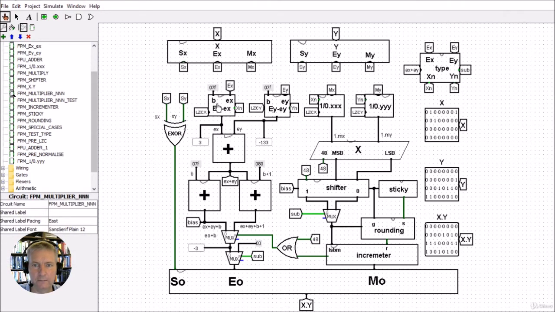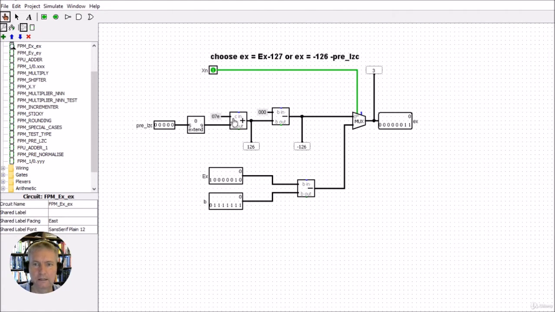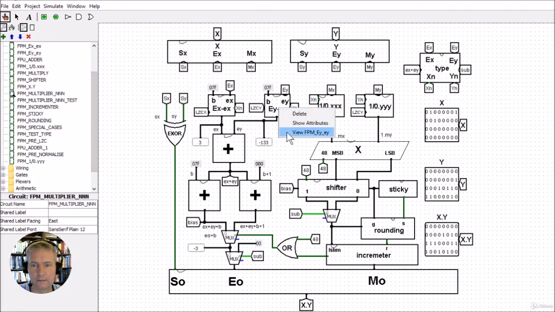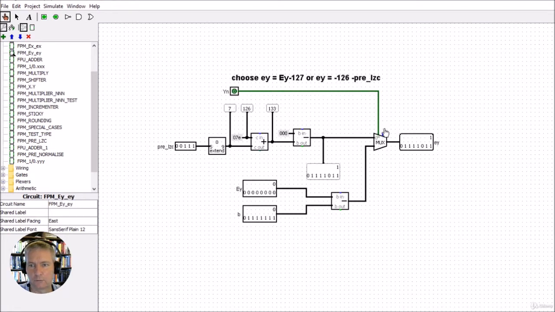So we head in and we can look at our x value. Our x value here, again, is the normal value, so it's going to choose this route here to get the correct bias. And then the y value here, you can see it's a subnormal value, so it's going to choose this route here in order to get the correct bias, which is going to be our minus 126 minus the pre-leading 0 count.